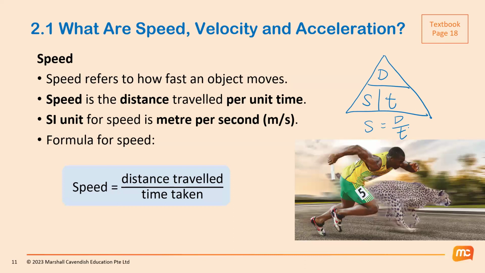Speed is defined as distance traveled per unit time. The divide actually means per unit time. Per unit in layman terms, and in formula, means divide. Distance divided by time is per unit time.